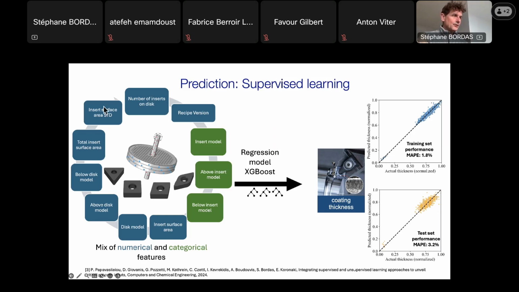Now, what you see around that stacked set of inserts and disks in the chemical reactor are the parameters that we considered. So this is a very, very long-standing project.